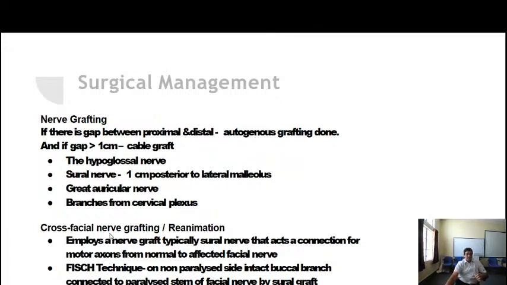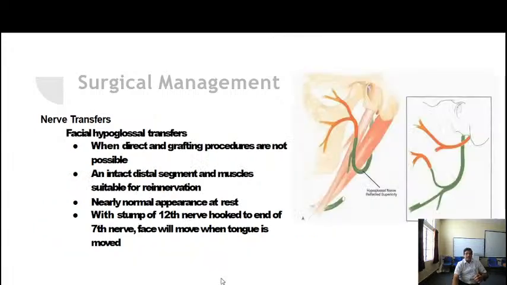Then you have the cross facial nerve grafting, where a facial nerve from one side is grafted to the paralyzed facial nerve on the other, and so that gives rise to movement of the muscles of facial expression on the paralyzed side.